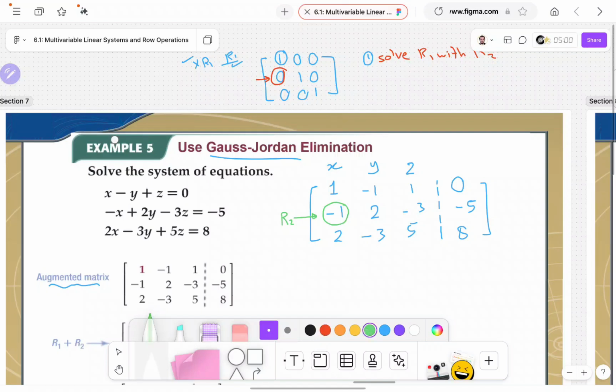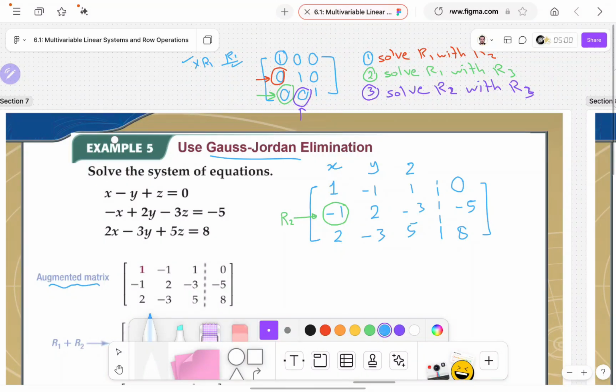Now you need to make this value equal 0, so number 2, solve row 1 with row 3. Now we need to make this value equal 0, so step number 3, solve row 2 with row 3. Okay, that's it. This is what you have to do.